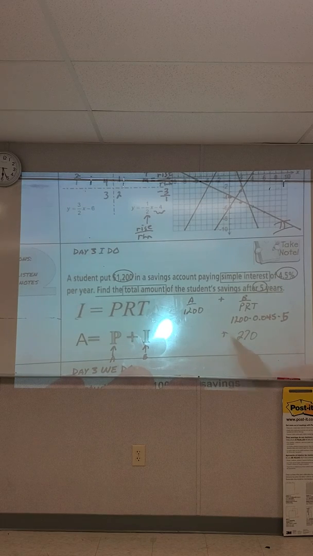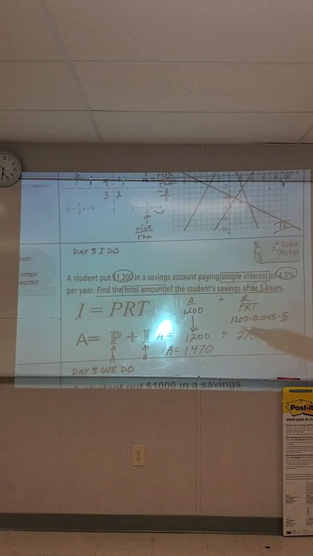Well, that's the interest. But we know that the amount that we want equals the principal plus the interest. Principal plus the interest. Principal is A, interest is B. We calculate the interest, principal times rate times time, substitute those numbers, and so our answer is $1,470.